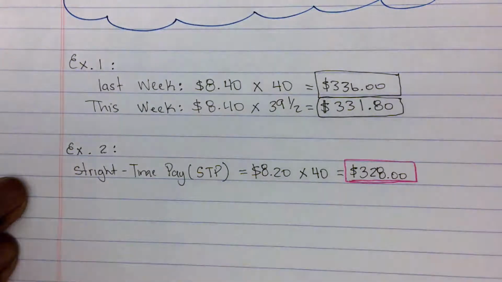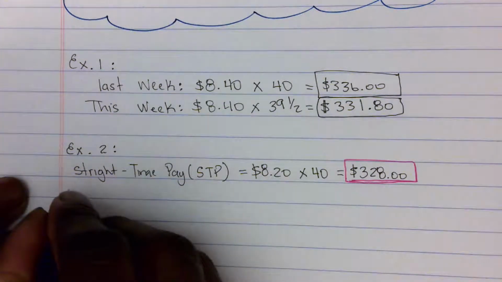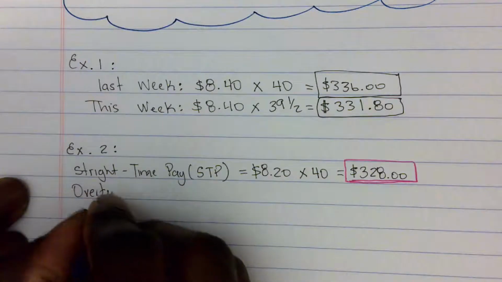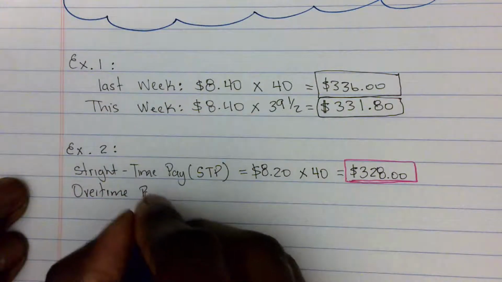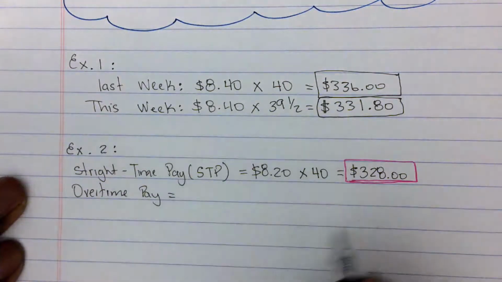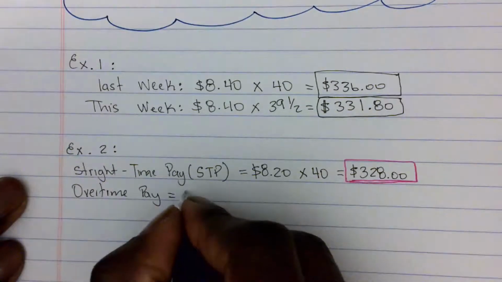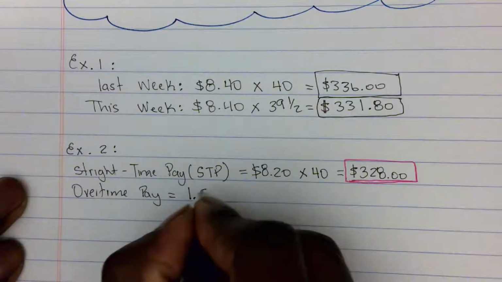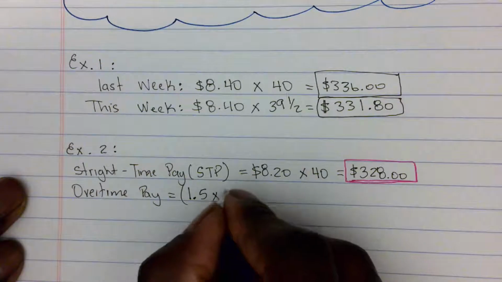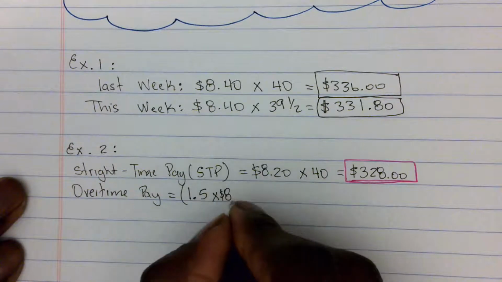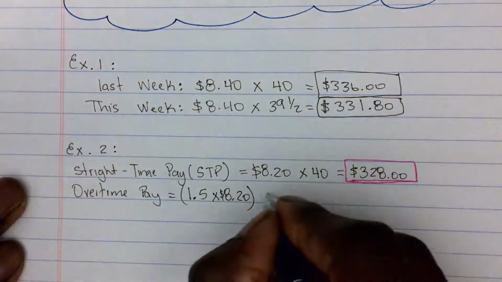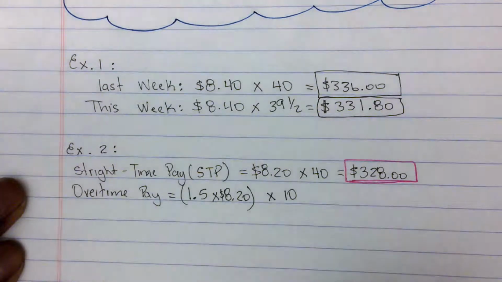Now I need to find the overtime pay. They told me she makes 1.5 times her regular pay. So it's 1.5 times her regular pay of $8.20, and she worked 10 hours overtime.